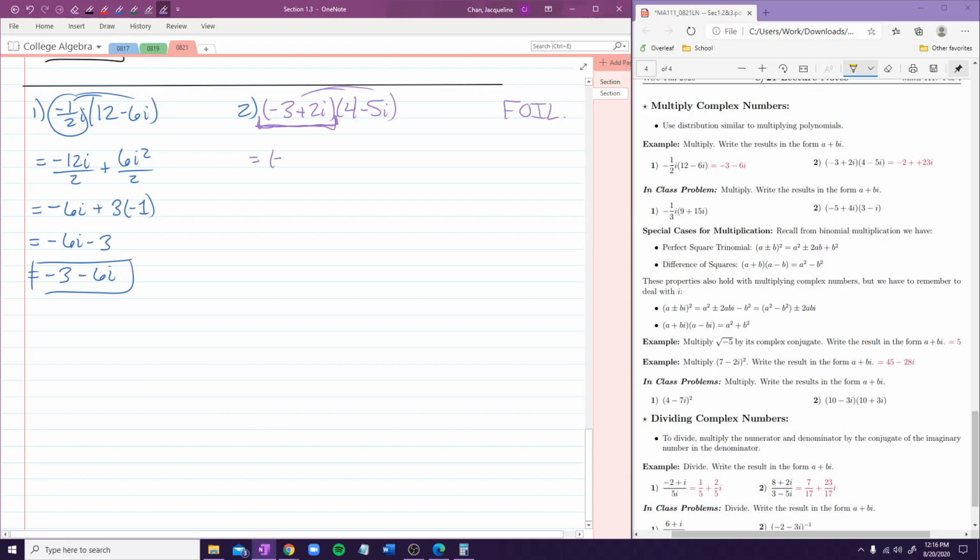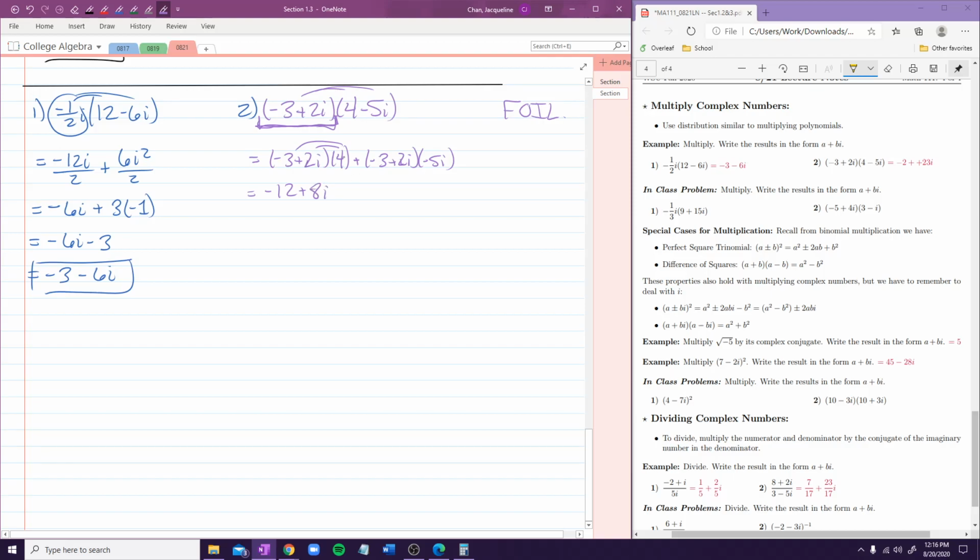When we do that, we get negative 3 plus 2i times 4, plus negative 3 plus 2i times negative 5i. Then you distribute these. So I get negative 12 plus 8i.